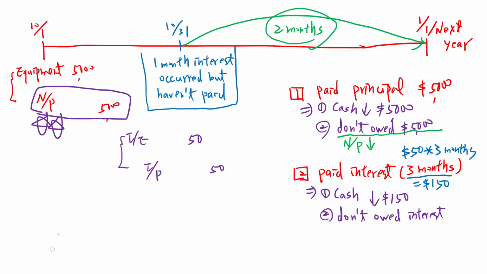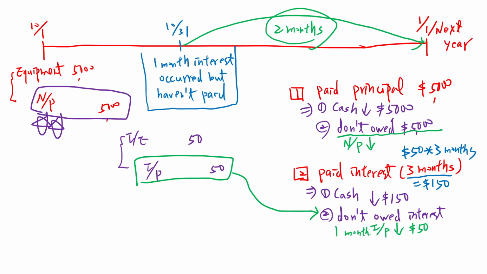So here told you you don't owe them interest, but just for 1 month, $50. Because before you just recorded interest for 1 month. So your interest payable decrease $50, 1 month. So far, any questions?